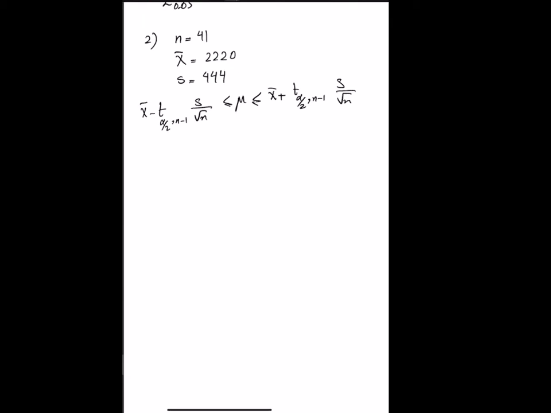I have x bar, I have s, I have n. The only thing I need to find is t of alpha over 2 and n minus 1. Alpha here is 1 minus 0.9, which is 0.1, so alpha over 2 is 0.05 and n minus 1 is 40. With these two, I have to find the value of t.